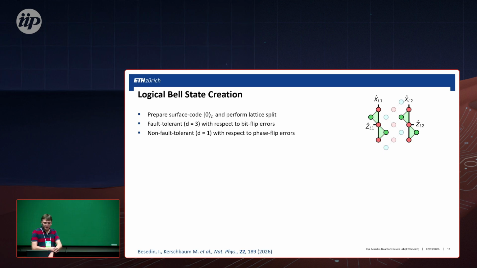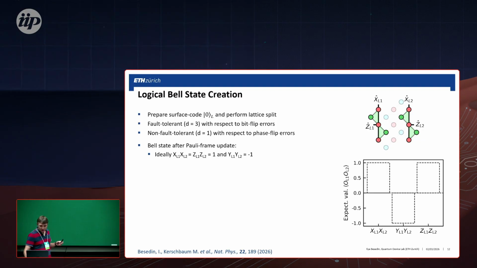So if I prepare the 0 state, then I will ideally get a Bell state. With my choice of Pauli frame update, if I had chosen it differently, I'd get a different Bell state. But with this selection, I expect, if all the gates are perfect, to have here +1, here +1, here -1.